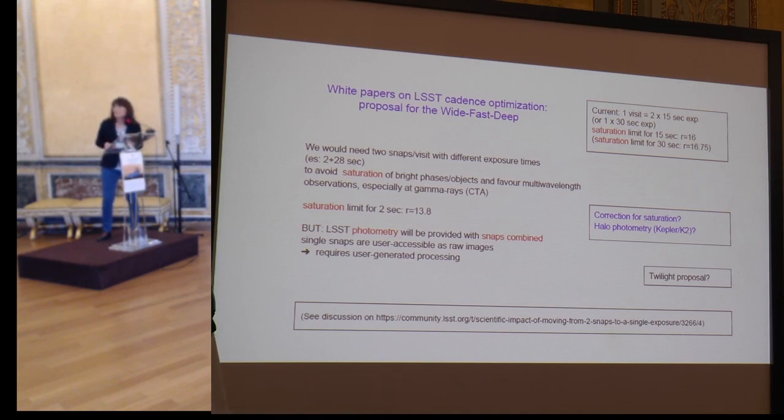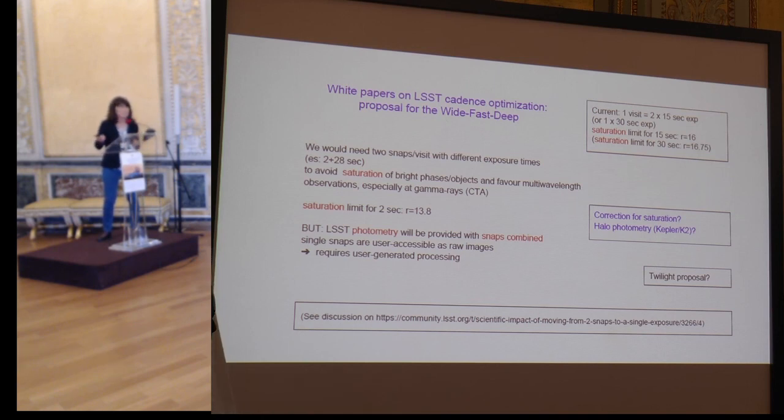But then, is it possible to correct for saturation? Well, in principle, yes. And methods have been developed to solve the problem, for instance, for the Kepler K2 data. But we are not aware of official documents on how LSST is handling the problem.